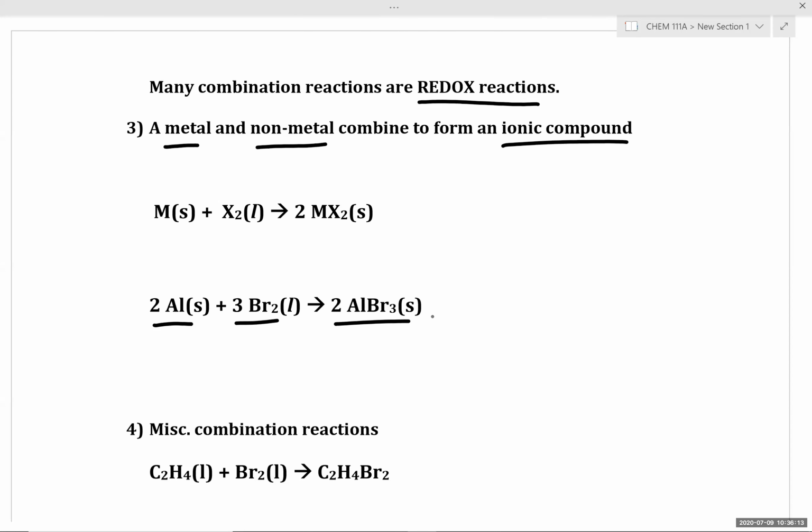Likewise, for example, let's do calcium solid reacting with iodine solid. And what product would we get if we combine this metal, calcium, with this non-metal of iodine?